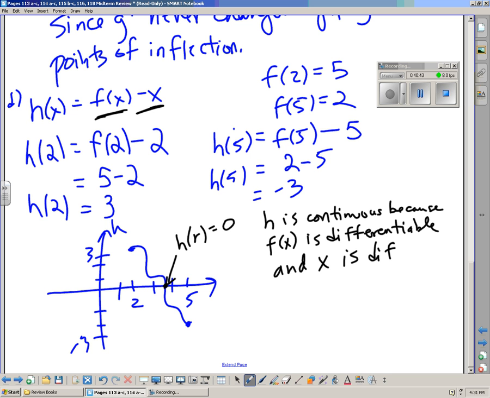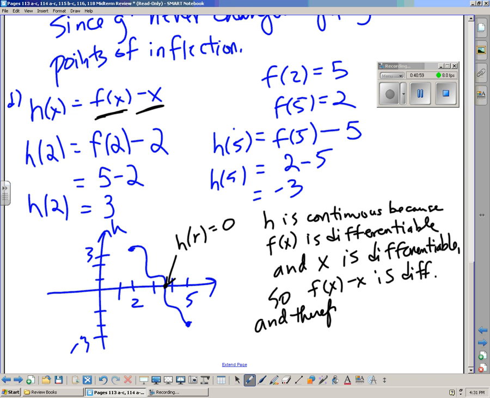Both pieces of h are differentiable. So f of x minus x is differentiable. I'm just going to abbreviate here. And therefore, if a function is differentiable, it's continuous.